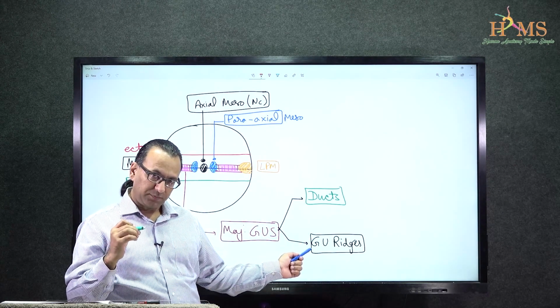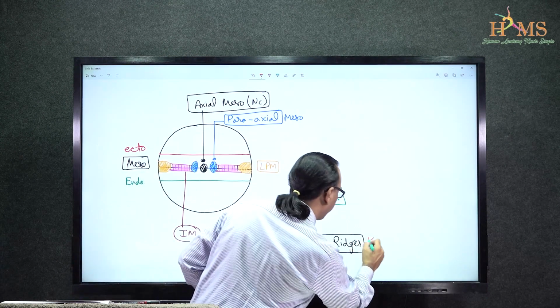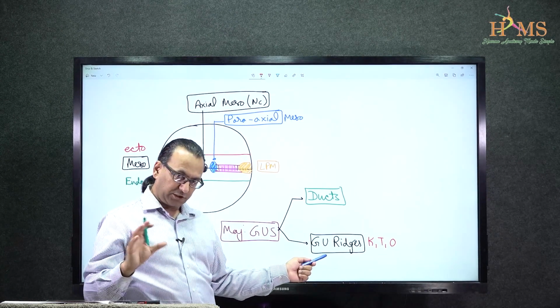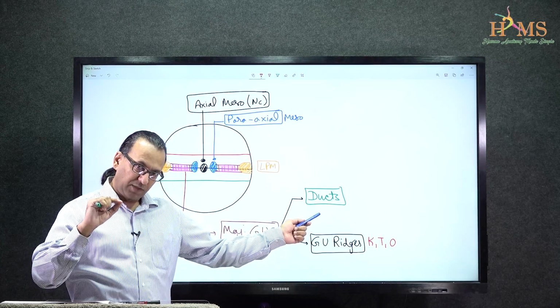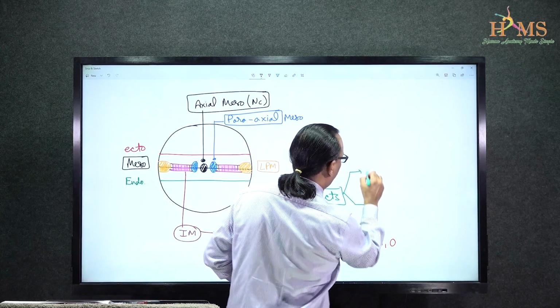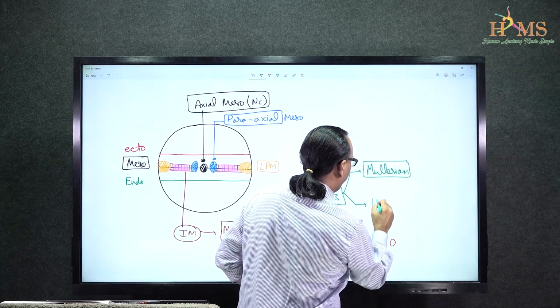They'll form the kidneys, testes, and the ovaries. So as they are forming kidneys, testes, and the ovaries, they need some ducts, and those ducts are called the Mullerian duct and the Wolffian duct. So here we are going to have the Mullerian duct, and then we also have the Wolffian duct.